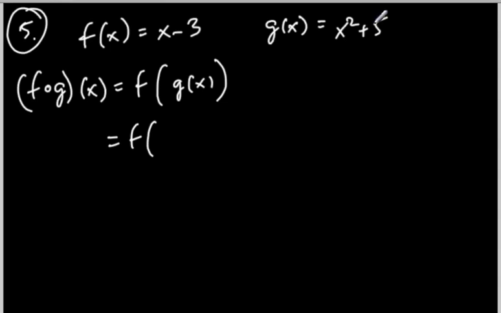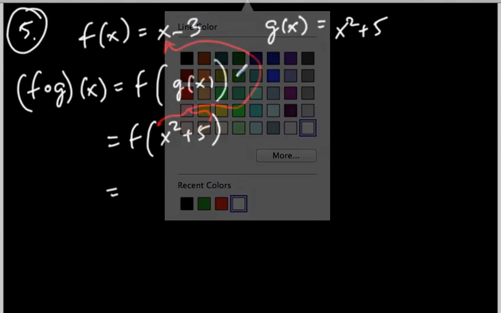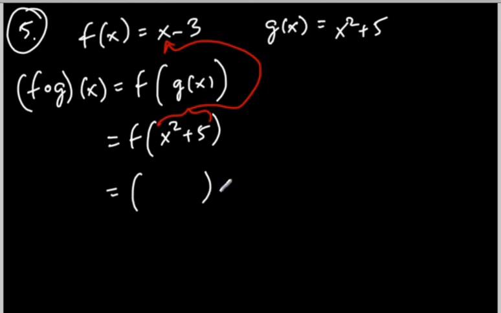So f of x squared plus 5, right, because that's what g of x is. And you take this, literally, you just take this and you're subbing in for x. That's all you're doing. So basically, it's going to be something minus 3, and that something is x squared plus 5, and that's simply equal to x squared plus 2. And you're done.